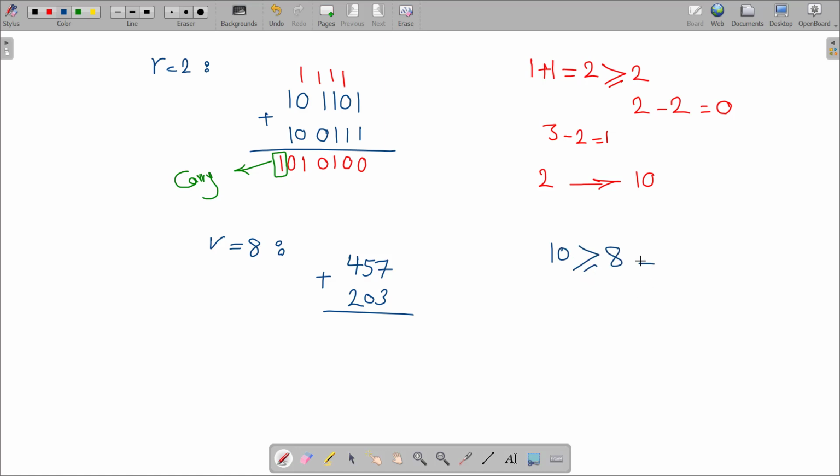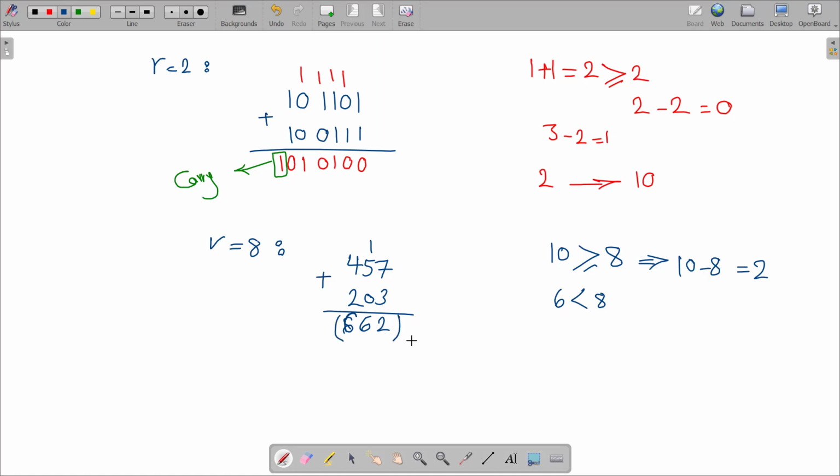It means that I have to write 10 minus 8, which is equal to 2. I write 2 here. 1 goes to the next digit. 1 plus 5 is 6, plus 0 is 6. 6 is less than 8. It means that I directly write the 6. 2 plus 4 plus 2 is equal to 6, and I write 6 here.